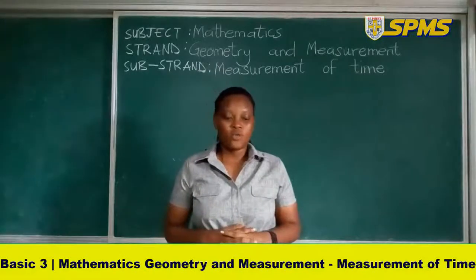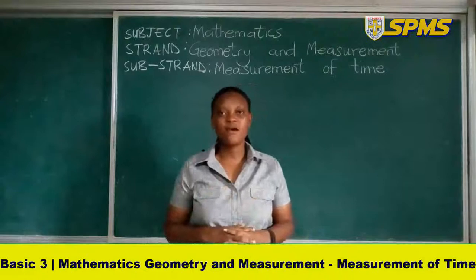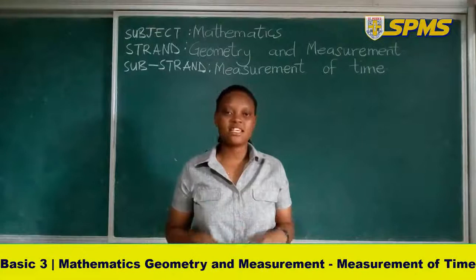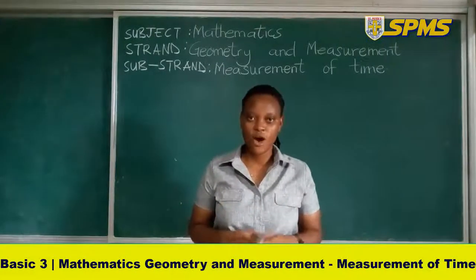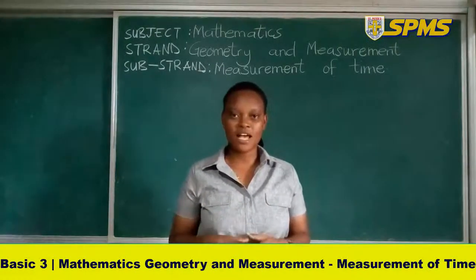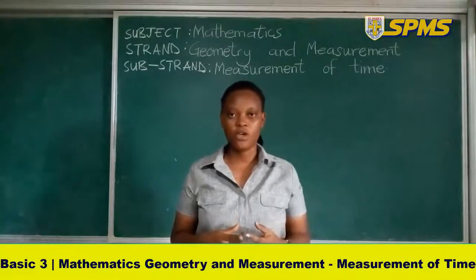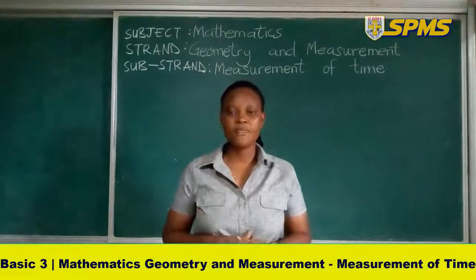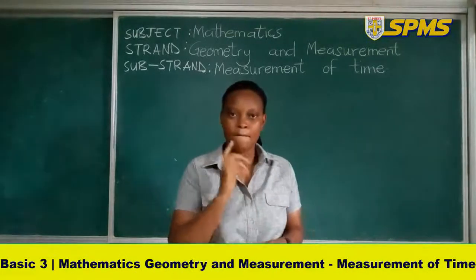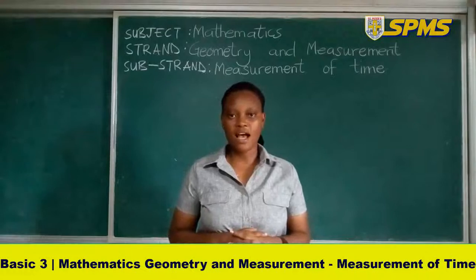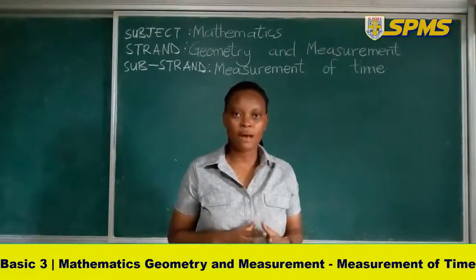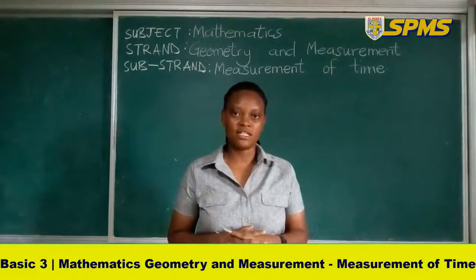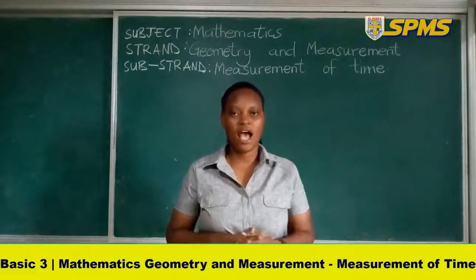So we said that when the second hand moves from 12 and back to 12, it gives us 60 seconds. Also, when the minute hand moves from 12 and then back to 12 again, it gives us 60 minutes. But when the hour hand moves from one number to the other with the help of the minute hand, it gives us 1 hour.